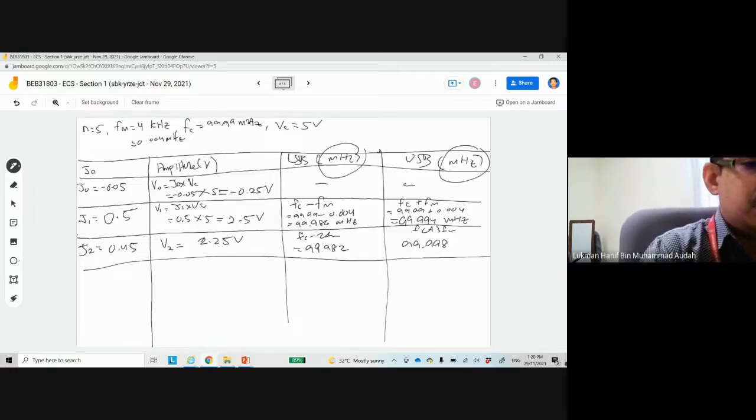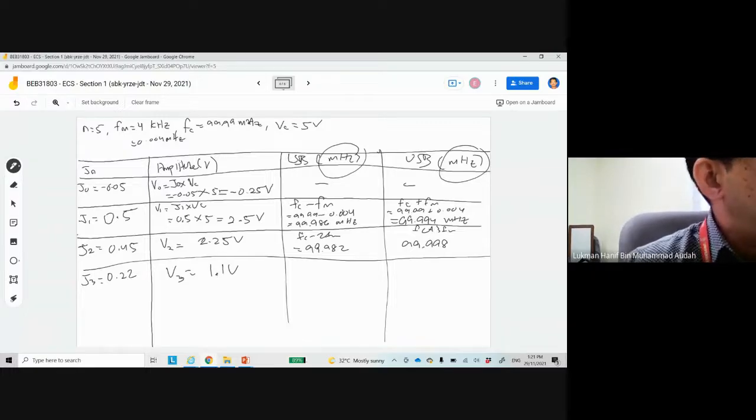Okay, so saya pergi laju pula lah. So here 0.22. So V3 is equal to 1.1 volt. Here is equal to 99.978.